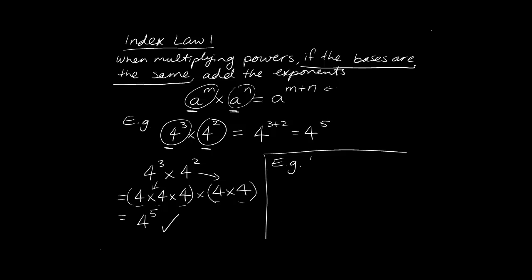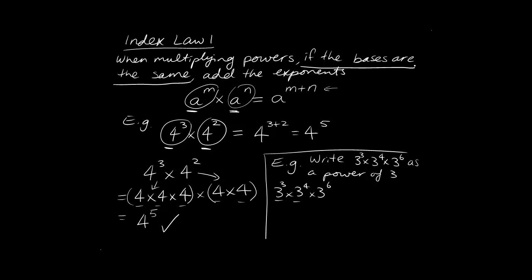Suppose we want to write 3 cubed times 3 to the power of 4 times 3 to the power of 6 as a power of 3. Okay? Right, 3 cubed times 3 to the 4 times 3 to the 6. I'm trying to multiply all three of these powers.